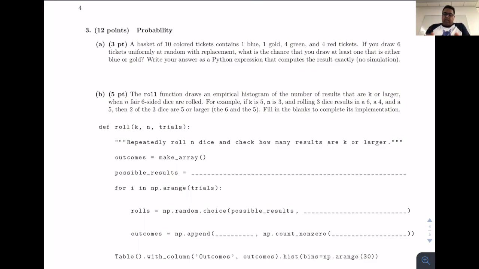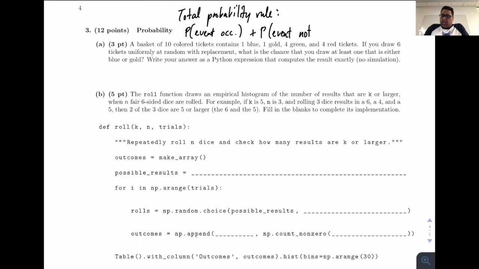So one thing we know, by the total probability rule, is that the probability of an event occurring plus the probability of the event not occurring is equal to 1.